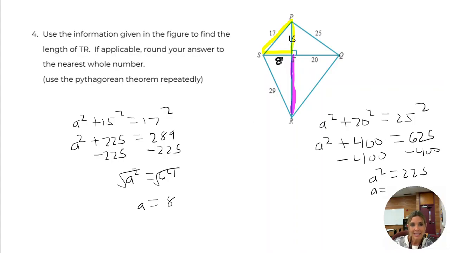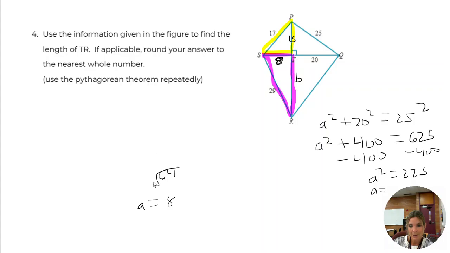Now we can finally find TR. So we're going to use 8 as a leg, 29 as the hypotenuse, and side TR is our other leg. So let's go ahead and plug this information into the Pythagorean theorem.